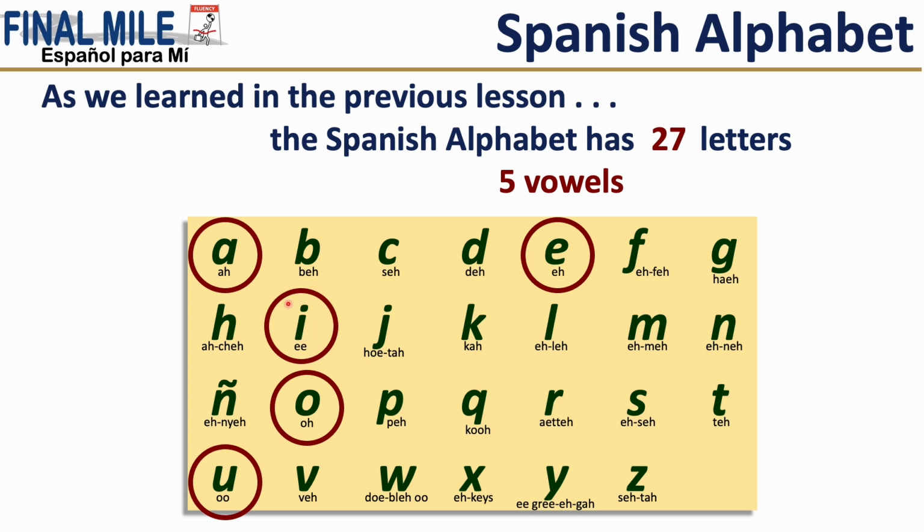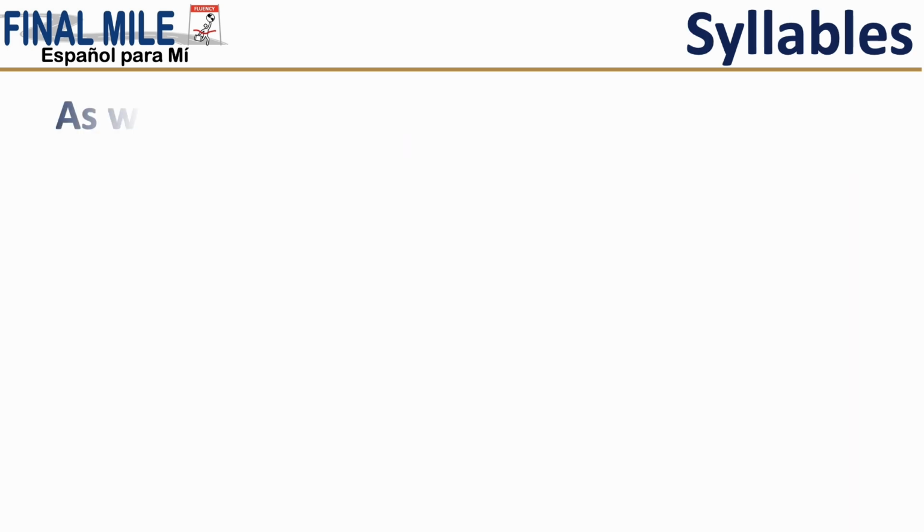Here, remember the smile? E. Closed, o. Oo. Okay, those are our 5 vowels and 22 consonants. So there are many more consonants than there are vowels. Okay, 5 to 22.